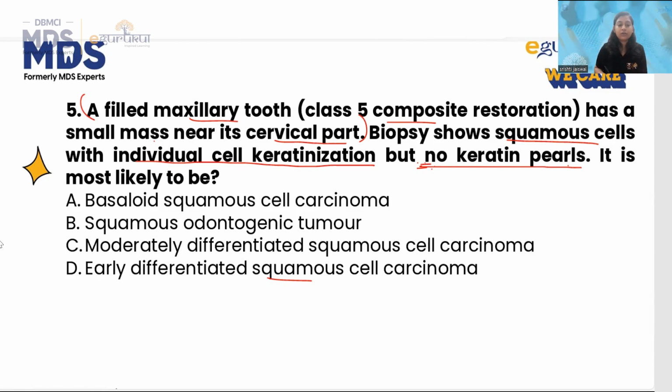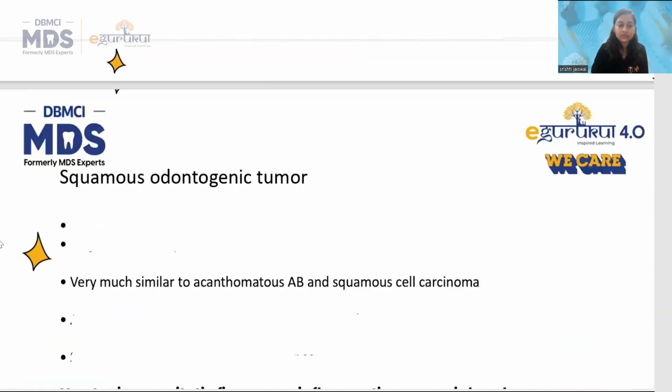So let's just have a look at the options. Basaloid squamous cell carcinoma. Okay. Moderately differentiated squamous cell carcinoma, early differentiated squamous cell carcinoma. Squamous odontogenic tumor is the option. Okay, that is the right answer, because here the keratin pearls are not seen, but we see individual cell keratinization.